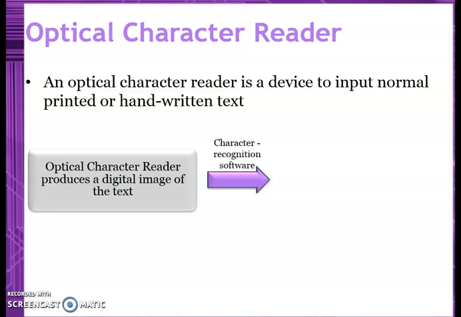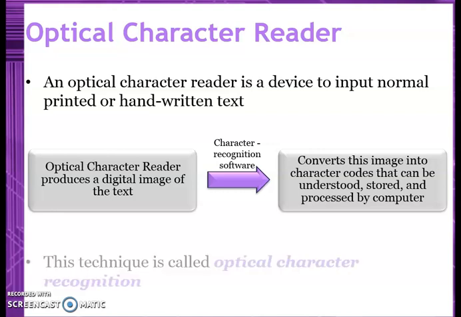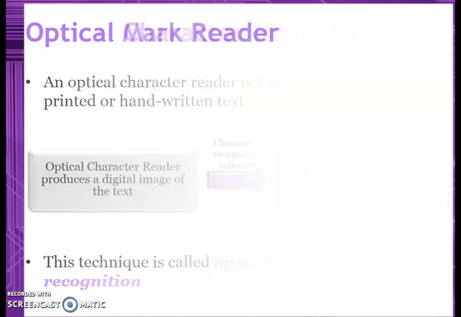Then there is character recognition software which processes this digital image and converts it into text that can be understood by the computer, and the computer stores and processes that data. So this technique of recognizing optical characters from the image is called optical character recognition.